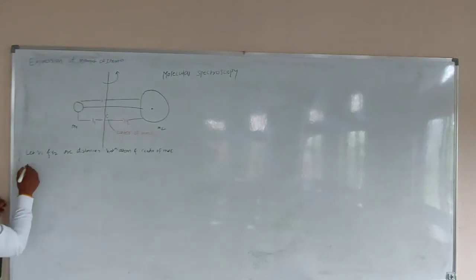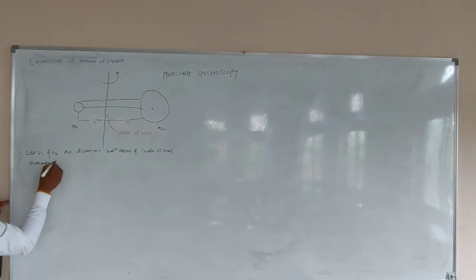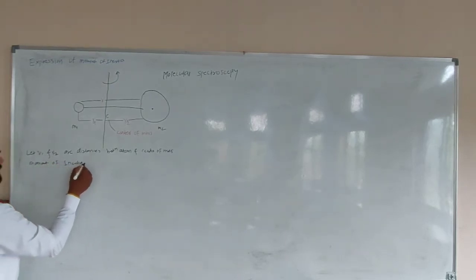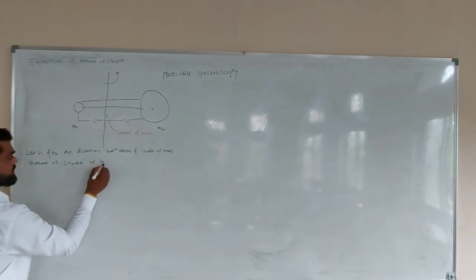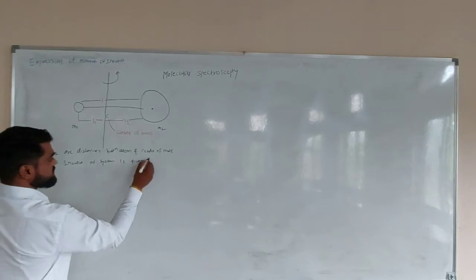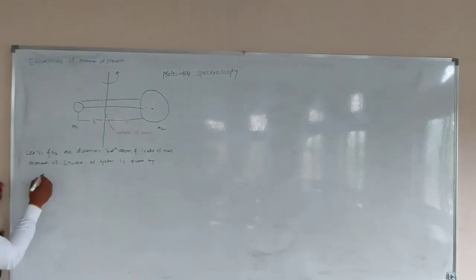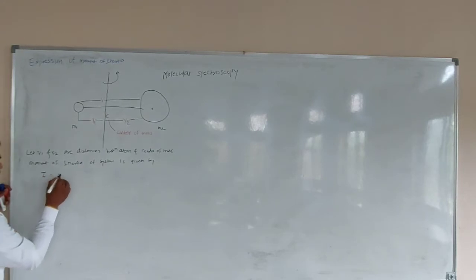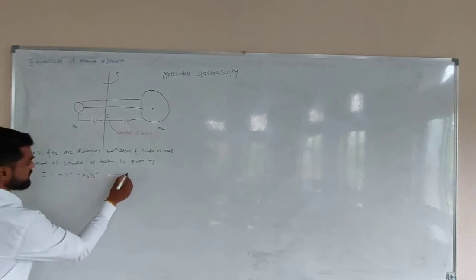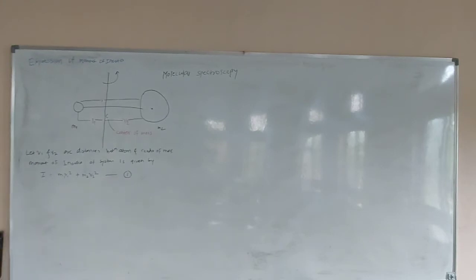Then the moment of inertia of the system is given by I is equal to m1 r1 square plus m2 r2 square. This is equation number 1.